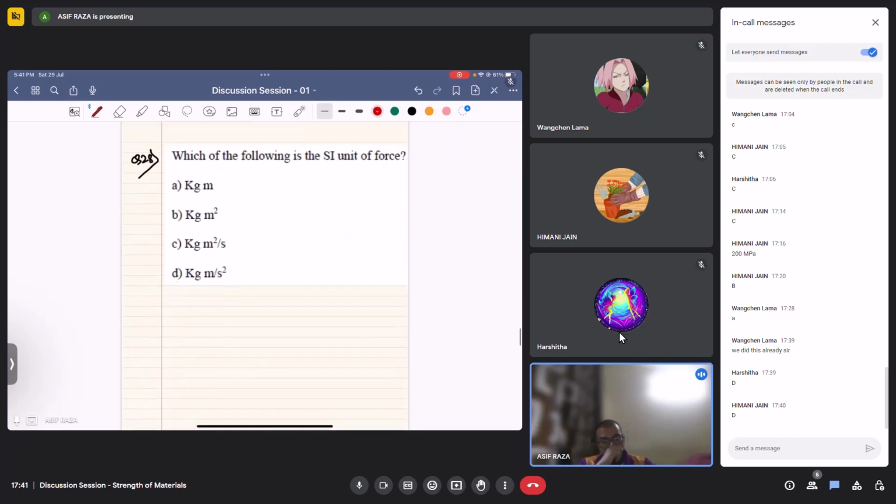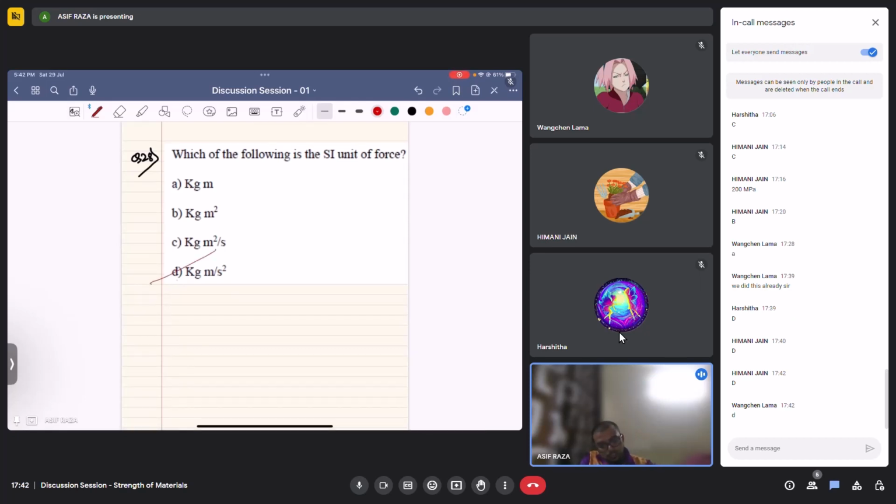Which of the following is the SI unit of force? It's a pretty straightforward answer. You guys can give the answer in the chat box. Options: kg meter square, kg meter square per second, kg meter per second square. Yes, D. Answer is D. It's quite easy.